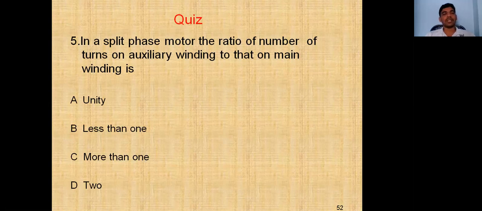The auxiliary winding has fewer turns than the main winding, since we use it only for starting. So the ratio should be less than 1.